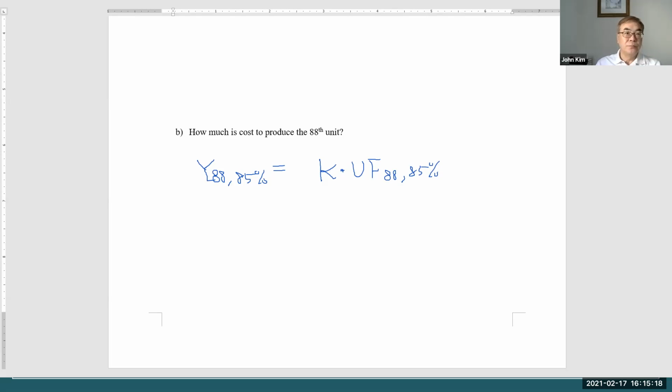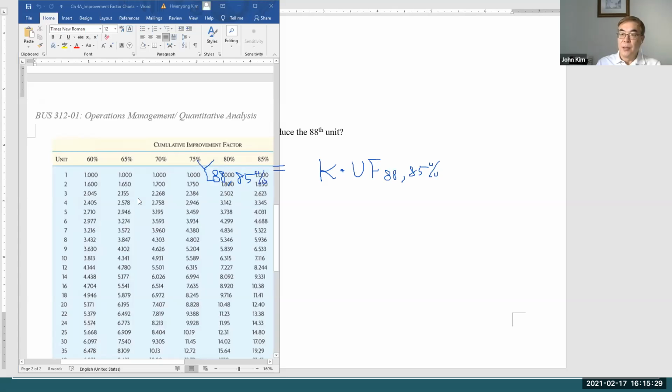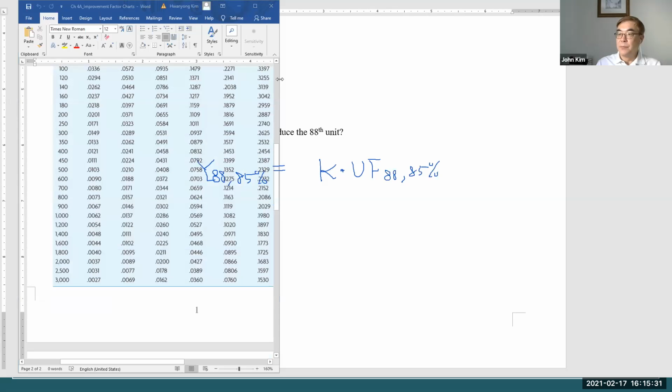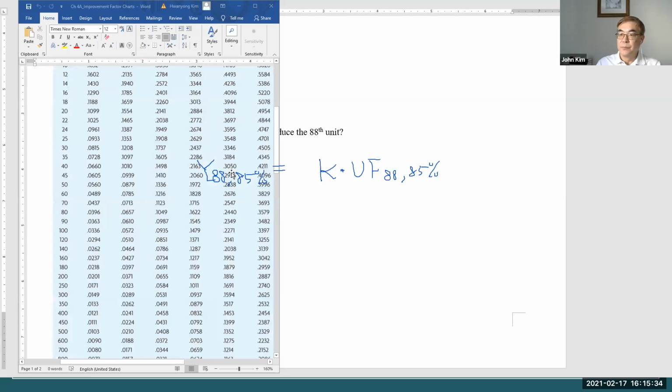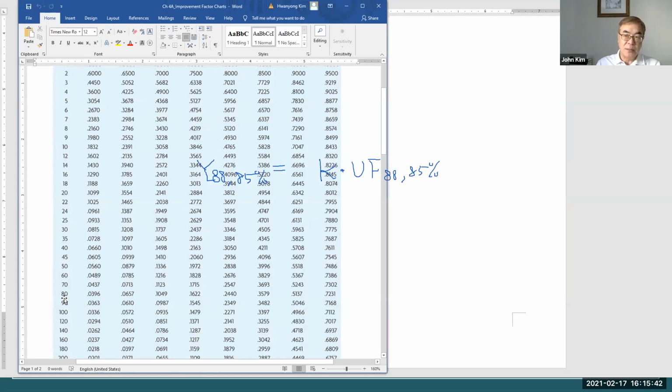So try to find 88, but there is no 88. In this case, I try half of that, divided by 2. 88 divided by 2 is 44, but still cannot find it.